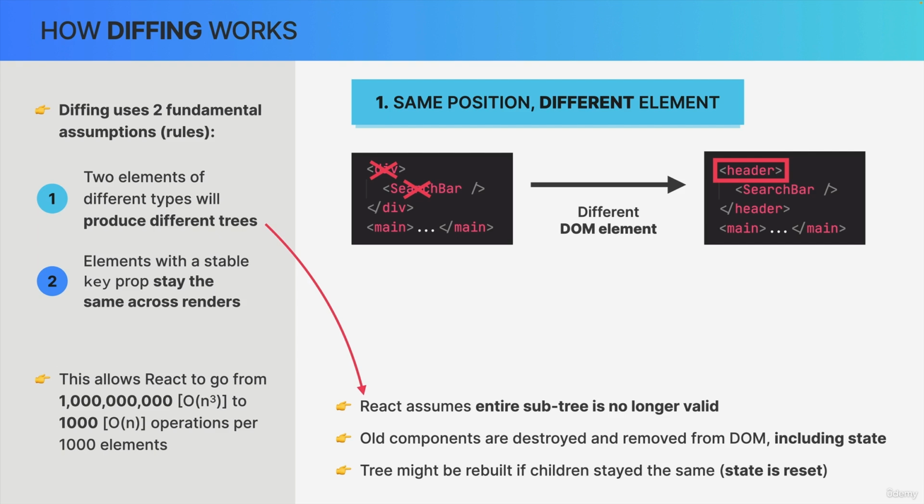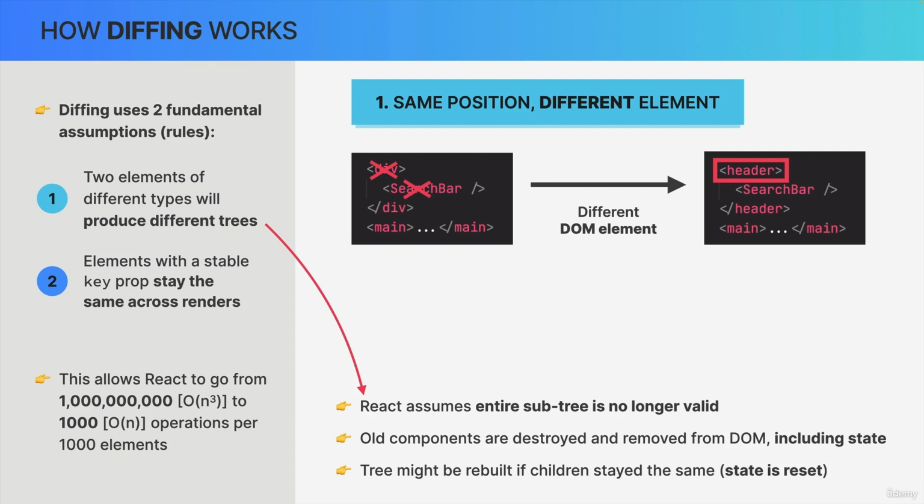And so if there were any components with state, that state will not be recovered. So this effectively resets state. And this has huge implications for the way that React applications work in practice. That's why we will see some examples of this behavior in the next lecture.